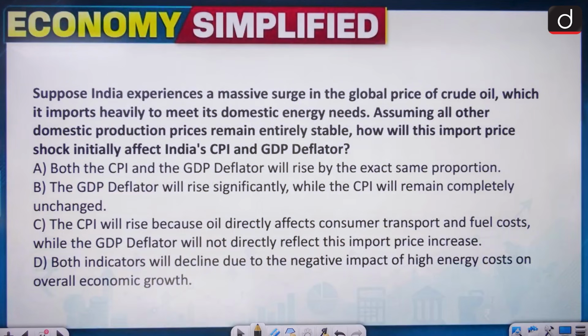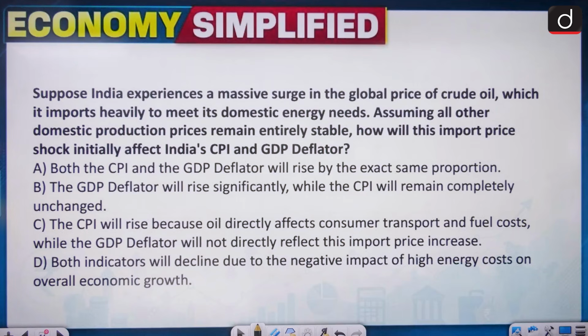The third question is, suppose India experiences a massive surge in the global price of crude oil, which it imports heavily to meet its domestic needs. Assuming all other domestic production prices remain entirely stable, how will this import price shock initially affect India's CPI and the GDP deflator?